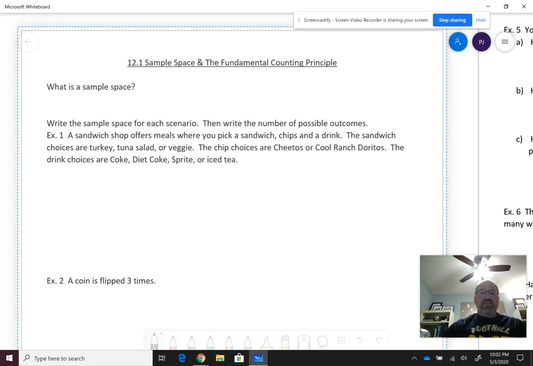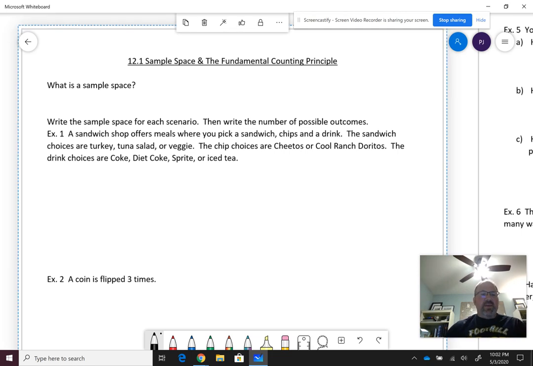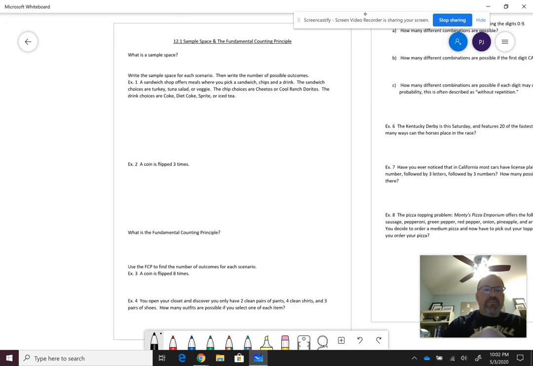So anyways, what is a sample space? That's what we're going to start out with here. A sample space is, let's try that again.